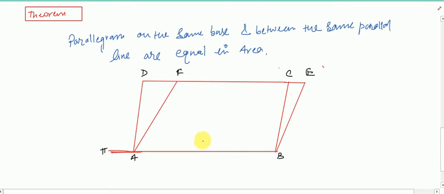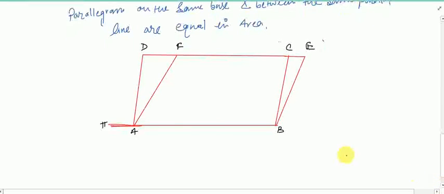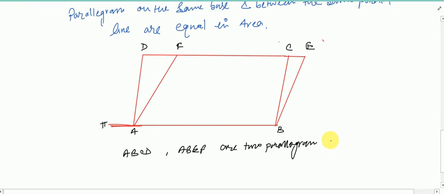So here you can see that the parallelograms are on the same base. That means AB is the base. You can see here that two parallelograms are there. One is ABCD, another is ABEF, two parallelograms, right?